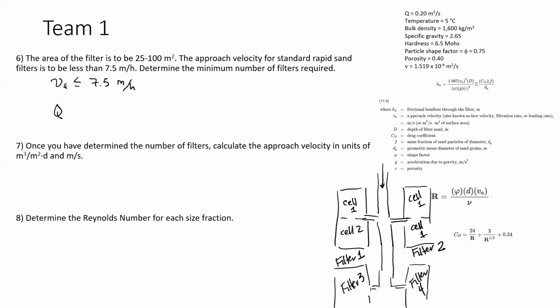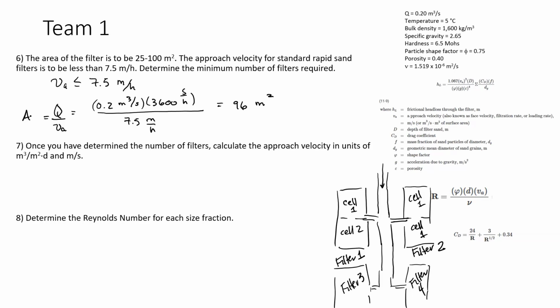So Q is equal to 0.2 meters cubed per second times 3,600 seconds per hour. We'll divide that by the approach velocity or the filtration rate, and that equals 96 meters squared. So this gives us the area.